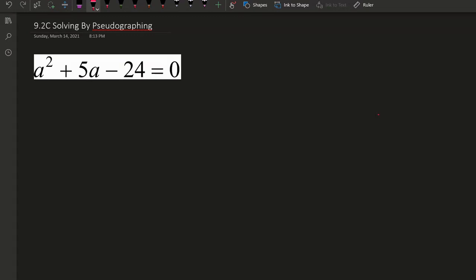So if I go ahead and try to solve this one by pseudographing, or fake graphing, the first thing I want to do is find the axis of symmetry. And that's, again, x equals negative b over 2a. So in this case, negative 5 over 2 times 1.